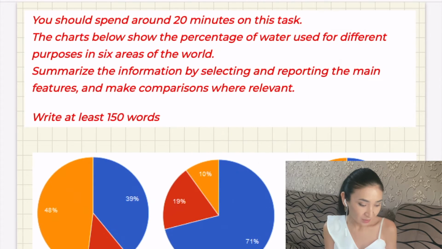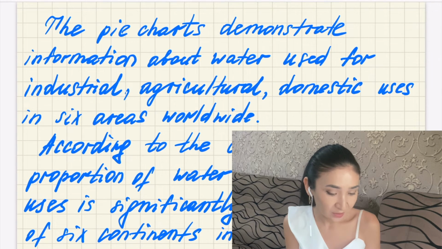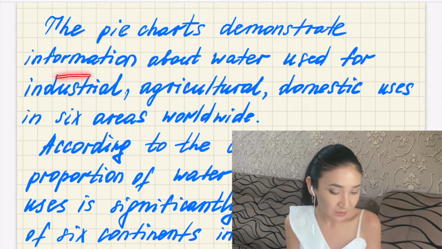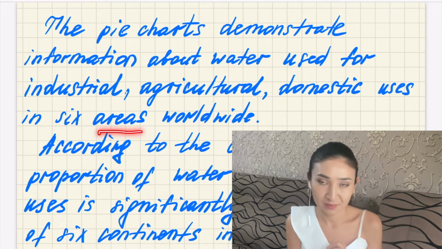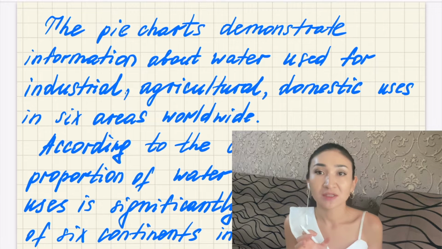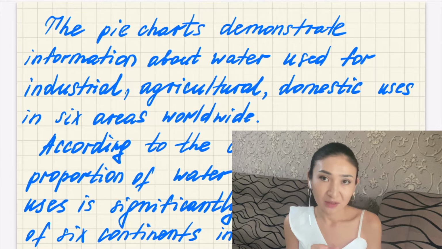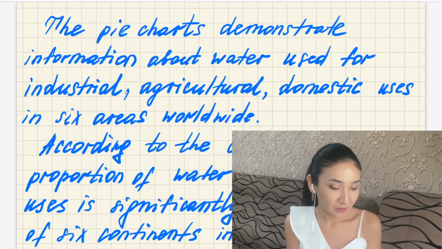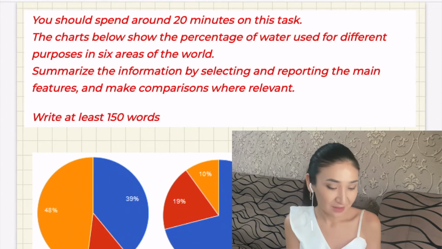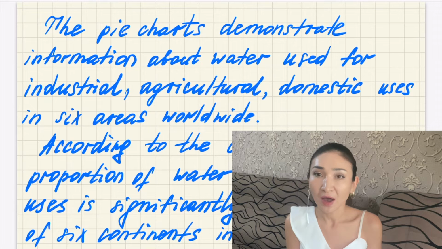You can use this sentence, where you paraphrase the sentence that has the explanation and description of what you have in your writing task. So the pie charts demonstrate information about water used for industrial, agricultural and domestic uses in 6 areas worldwide. So you're just describing what you see, rewording the sentence in the task, and saying what you have.